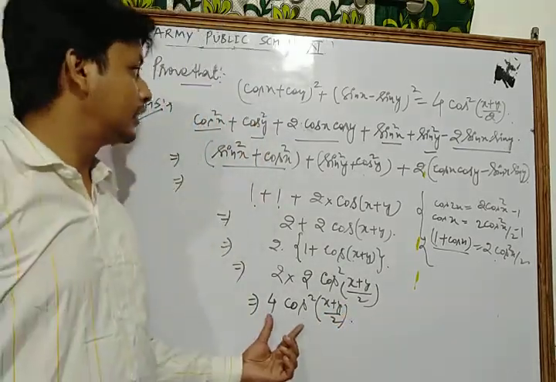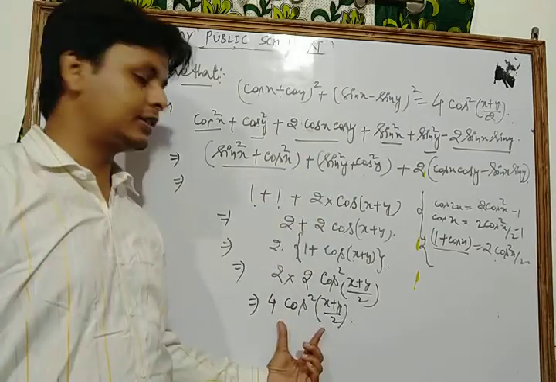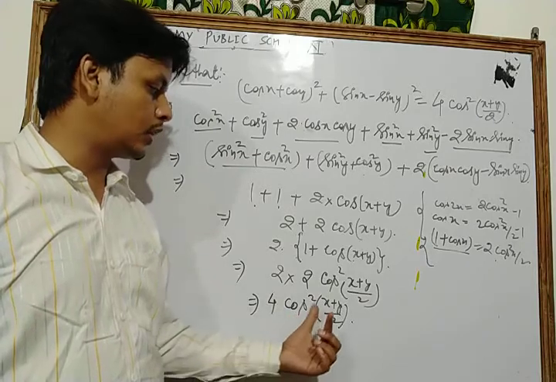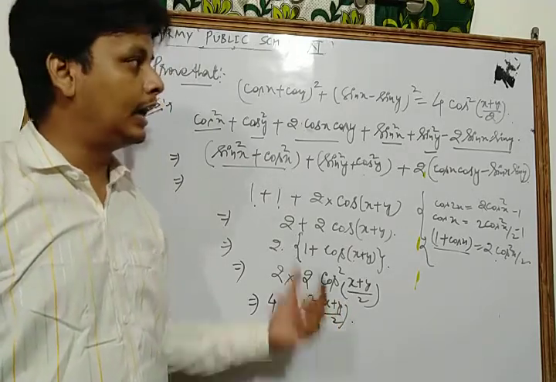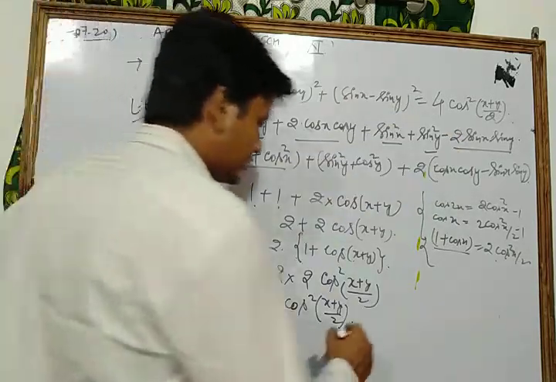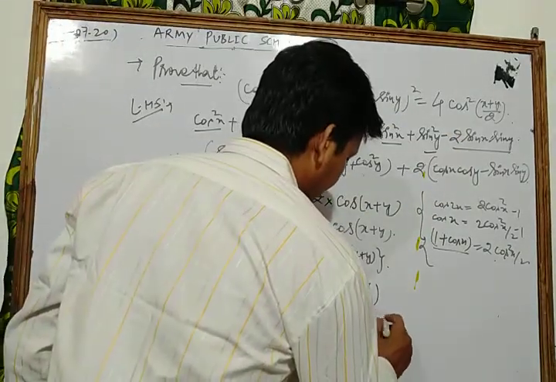This is our result, that is RHS: 2 cos square x plus y by 2. Hence proved.